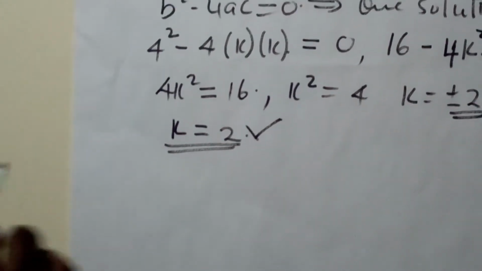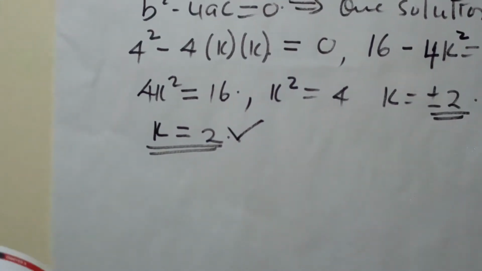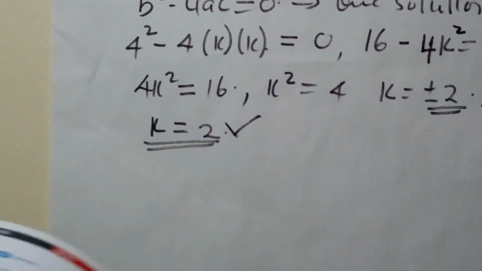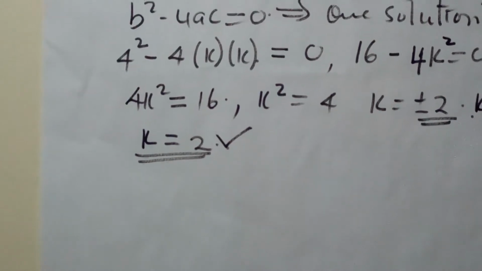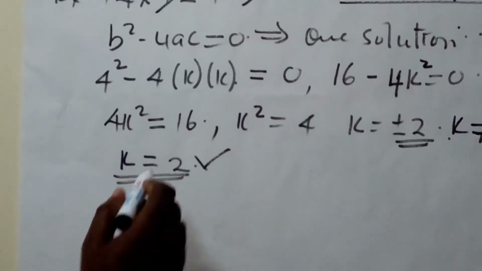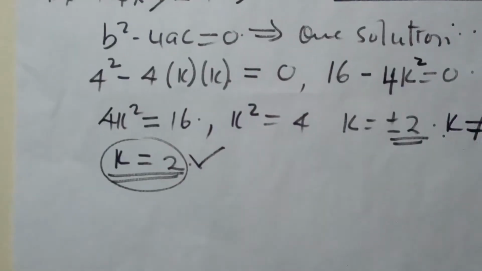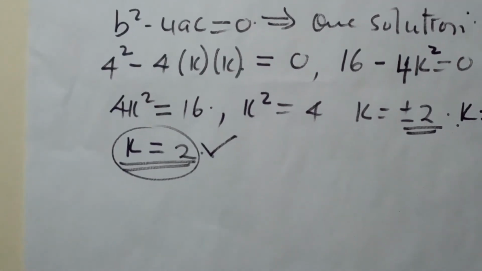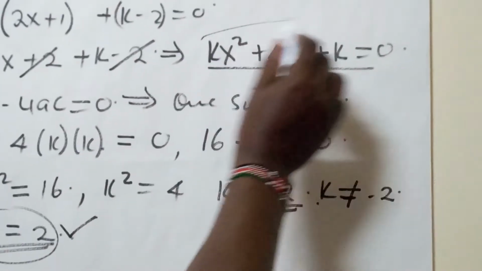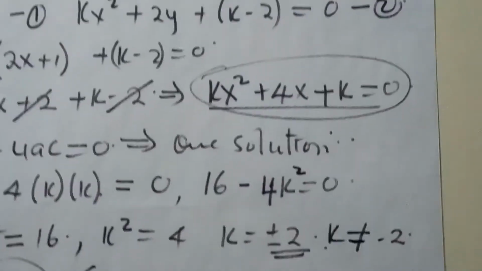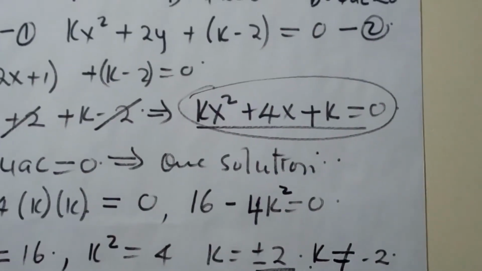So what does that mean? When k is 2, we need to substitute k equals 2 in the quadratic equation that we solved, so that we can get the exact solutions.